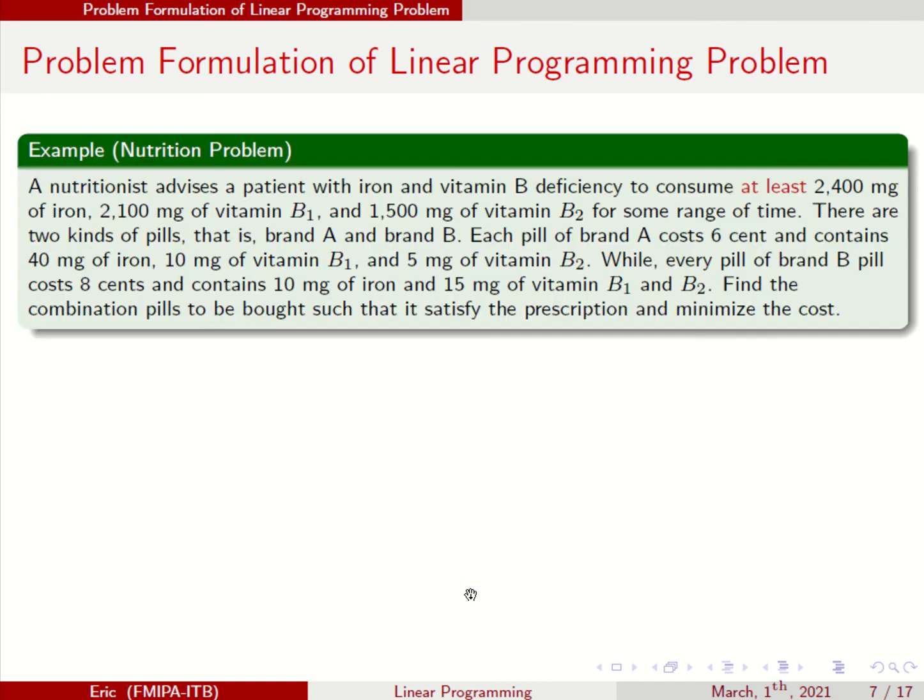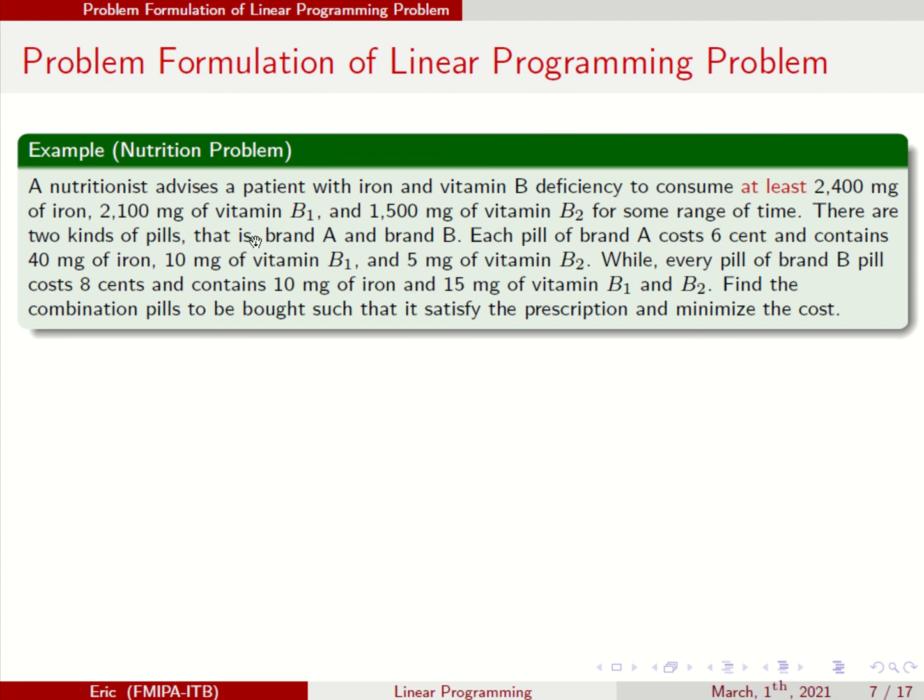Okay, this is I think the last one, the nutrition problem. A nutritionist advised a patient with iron and vitamin B deficiency to consume at least, so you have to consume greater than or equal to 2000 of this and 2000 of this, for some range of time.